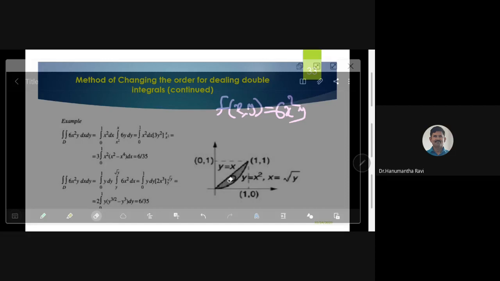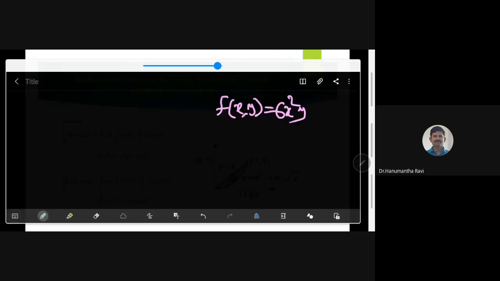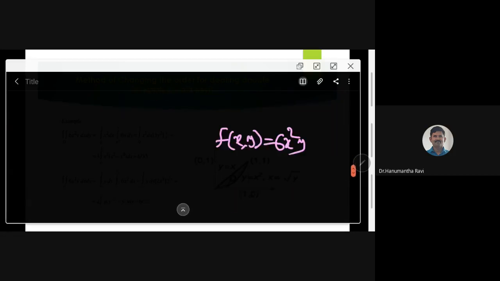So I will enlarge this. I'll show here better where to write. So see here, our picture is like this.